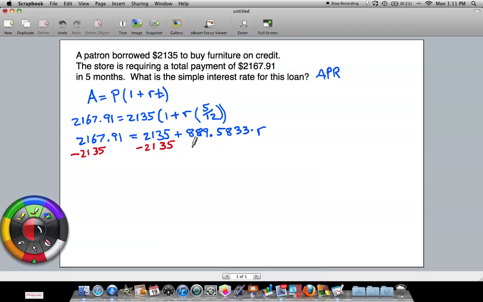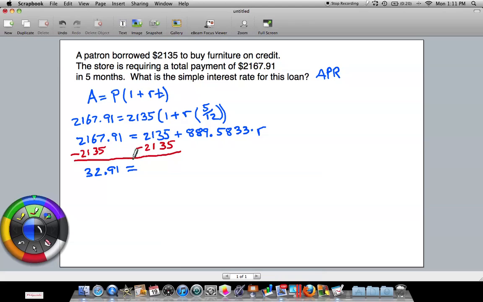All right, so we get a grand total of 2167.91 minus 2135 for a grand total of $32.91.